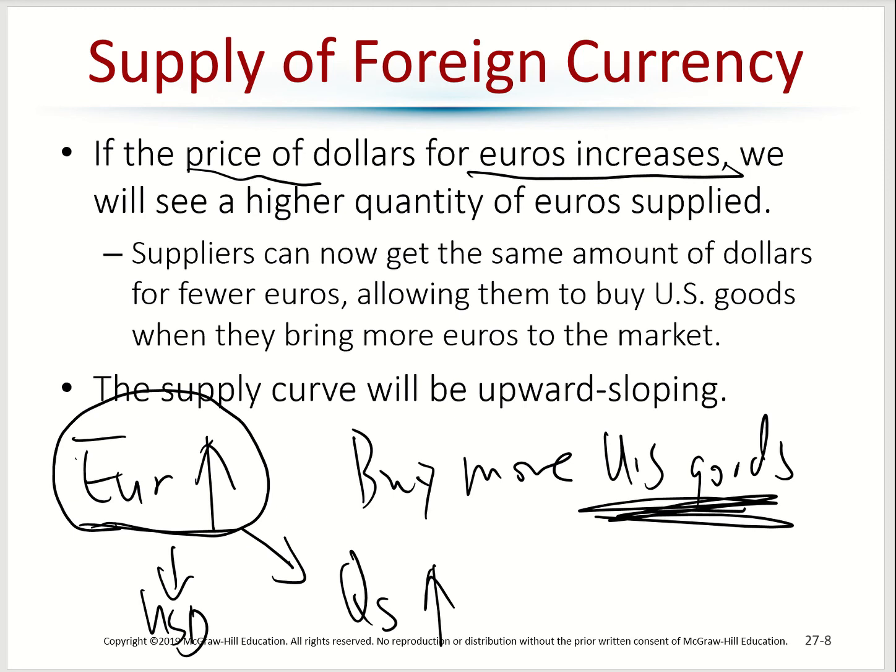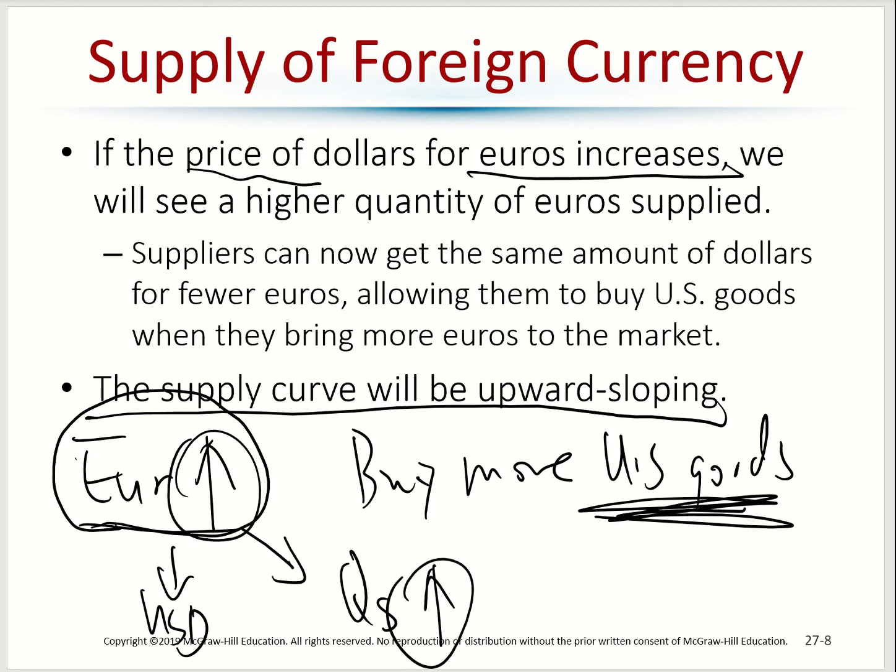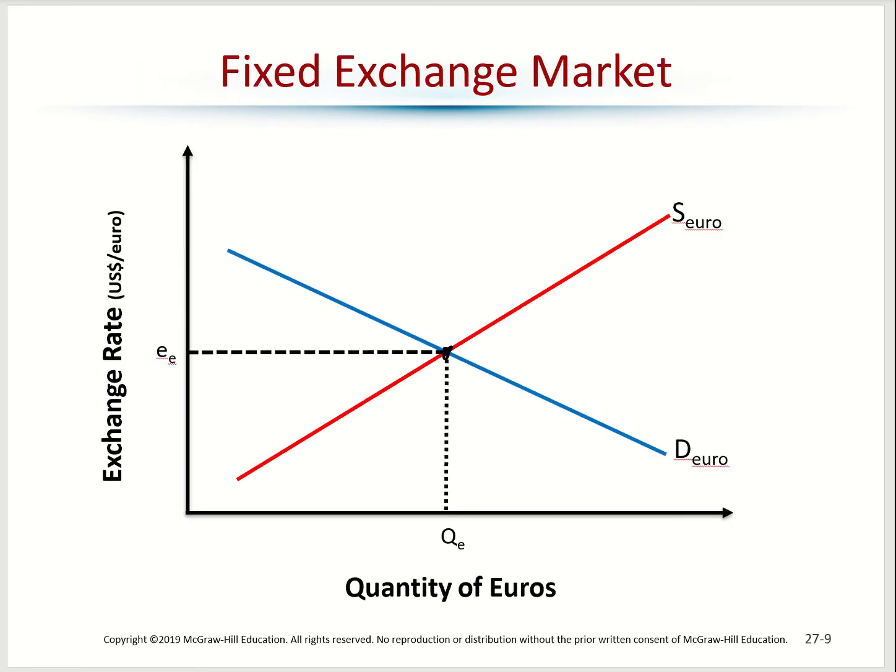So there will be an upward sloping supply curve for euro, because both move in the same direction, both positive. Your demand curve is going down for euro, your supply curve is going up for euro. Now, once these two intersect, you're gonna have your market exchange rate for euro, and also your equilibrium quantity for euro. So how much is the quantity of euro in the market?